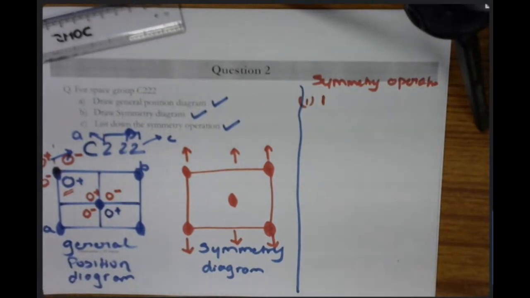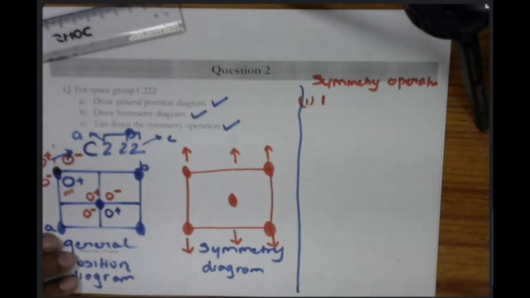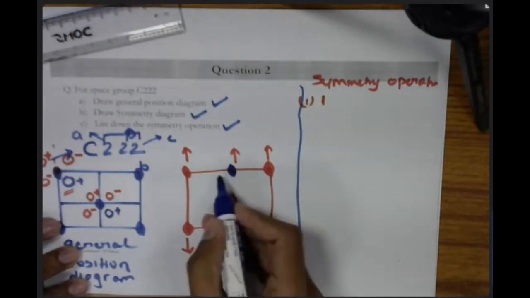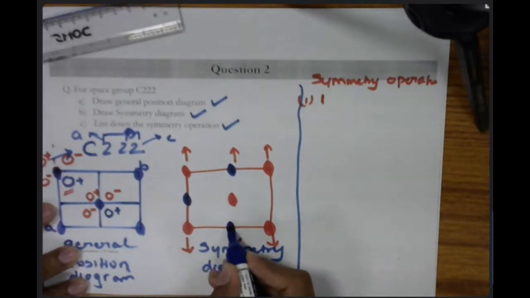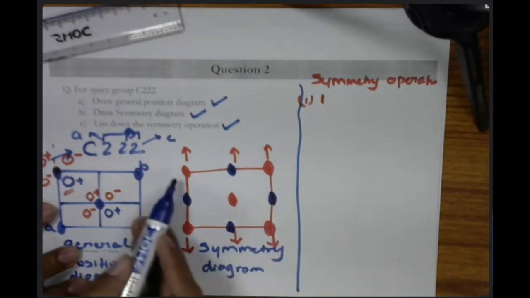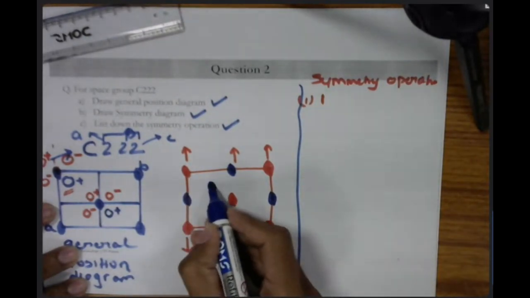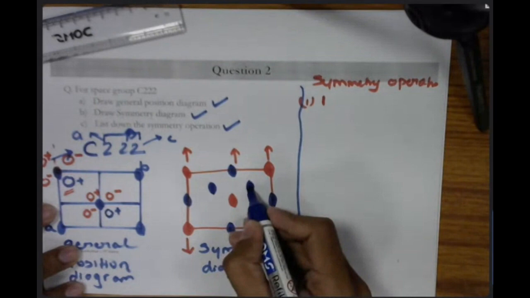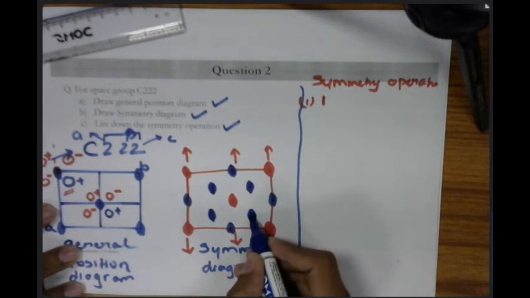One thing which we know is that when all these twofolds interact with the lattice translation, they produce an additional twofold at their center. So in between this there will be a twofold, in between this also there will be a twofold, here also and here. Diagonally also, the interaction of these two with the lattice translation will give a twofold over here. We'll get a twofold over here. Right.